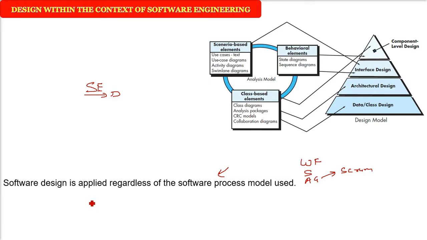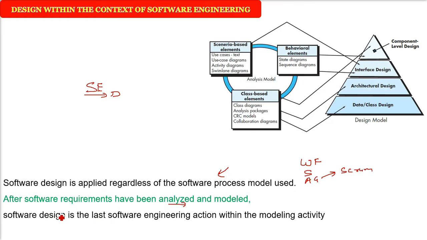This is very important. Once you have done the software requirement part, that is, you have analyzed and made some models like the use case models, state diagrams and the class diagrams, etc. We've already done this part, software requirement. Now the next process is software design. So software design comes under the modeling activity only.